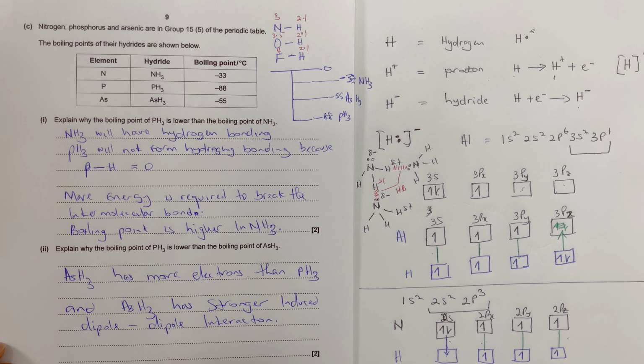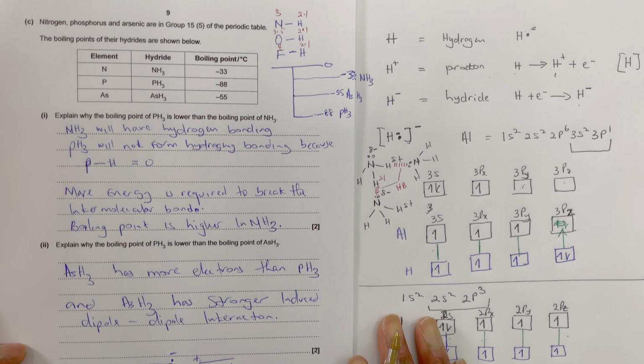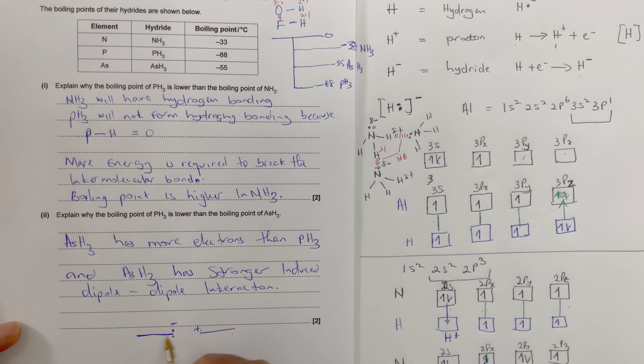An induced dipole interaction is this: if the molecules are neutral, the electron here will push the electron here away, making this one positive and this one negative. If this is one substance and it has electrons here, this side is negative.